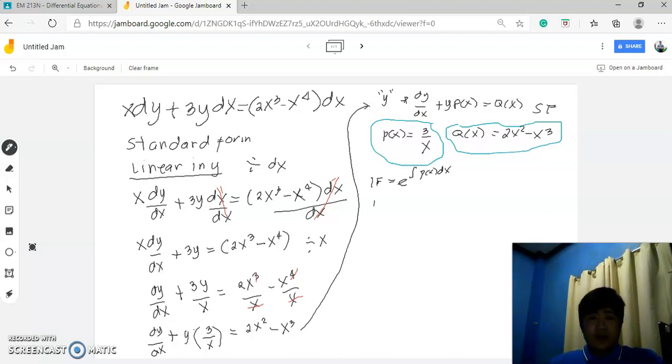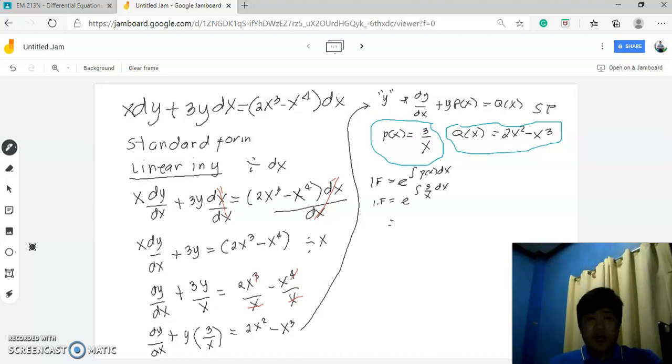Now your integrating factor is e raised to the power of the integral of 3 over x dx. Solving this, we can move the constant value 3 outside the integral sign.